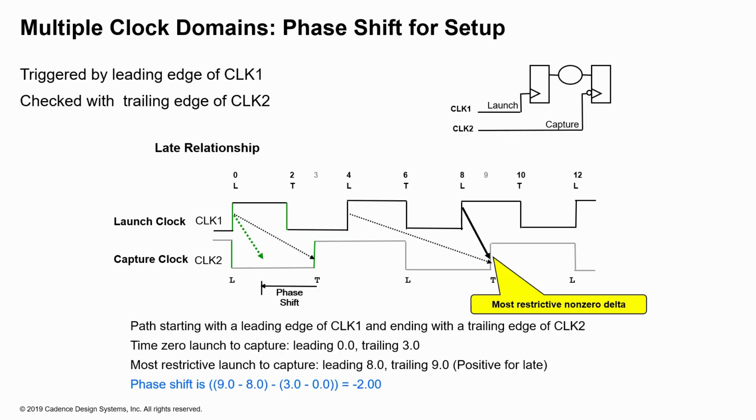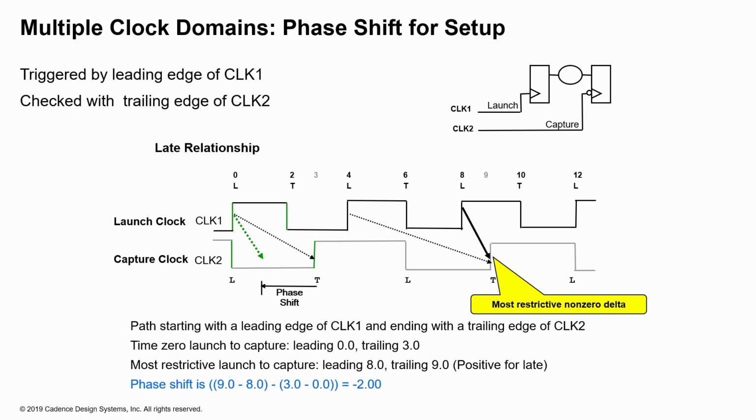Let's look at an example of phase shift calculation for setup in a multiple clock domain scenario. If we unroll a 4 nanosecond clock and a 3 nanosecond clock, the LCM is 12, and your most restrictive non-zero delta would be at 9 capture and 8 launch.